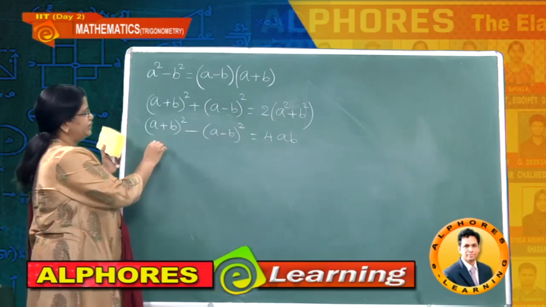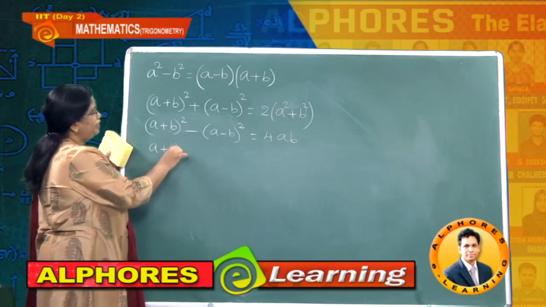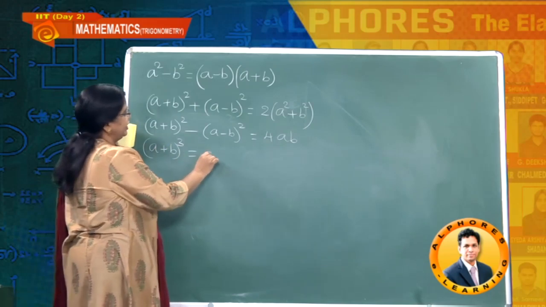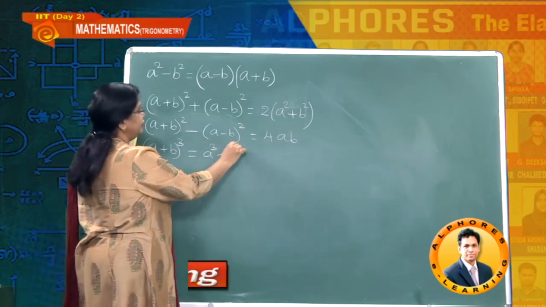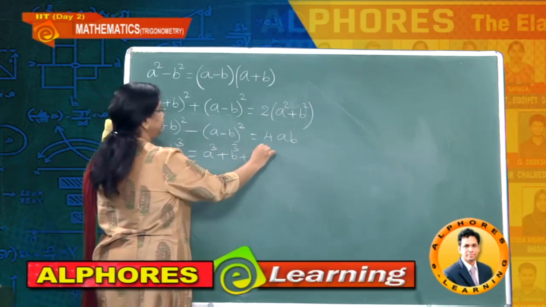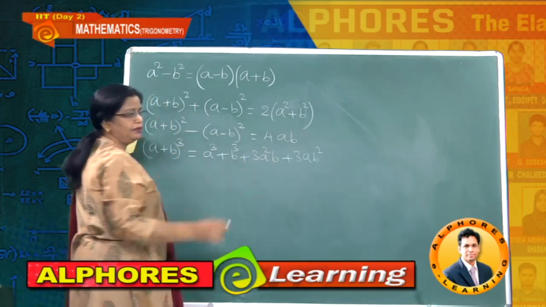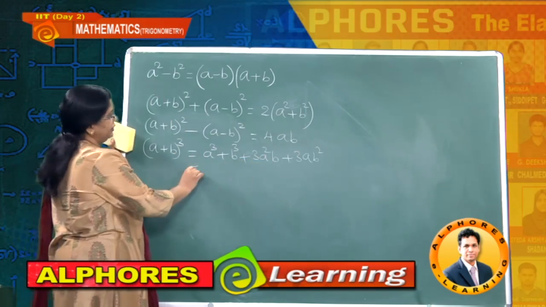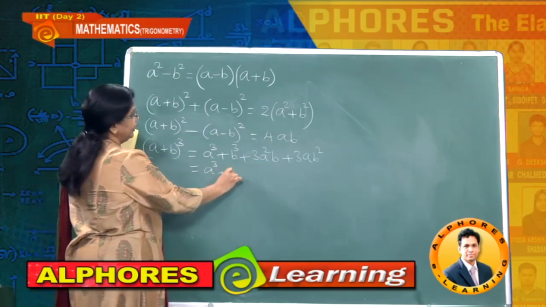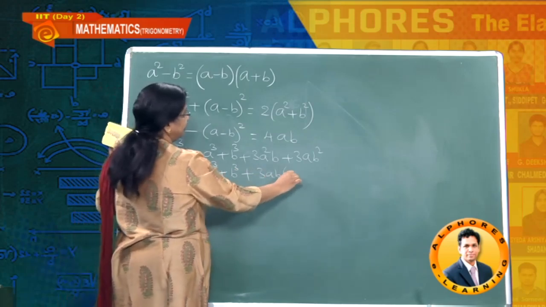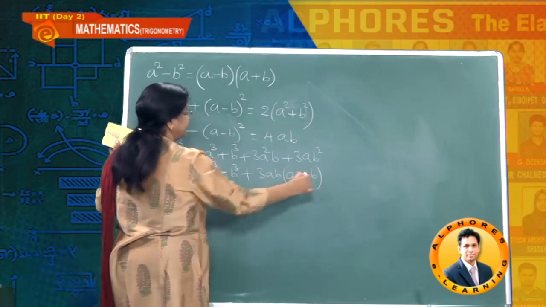The next formula is (a plus b) whole cube. In this formula we write a cube plus b cube plus 3a square b plus 3ab square. This formula all of you know, very familiar. Now the same formula I can write as a cube plus b cube plus 3ab, if you take common, into (a plus b).